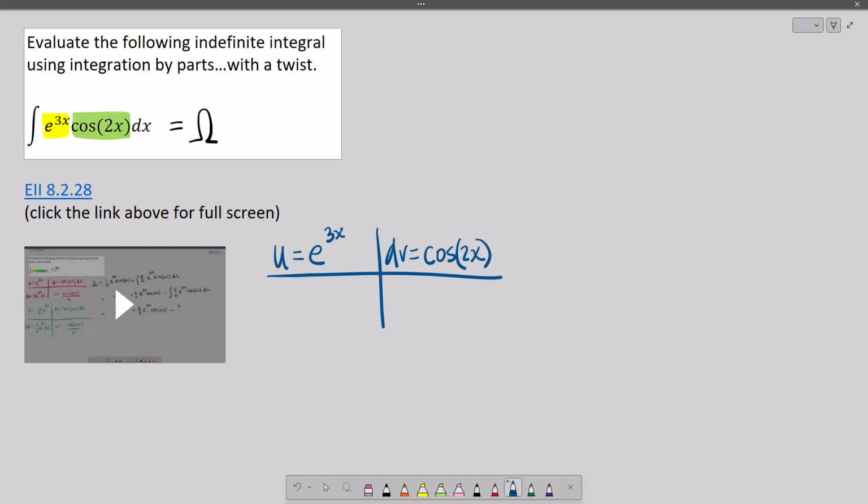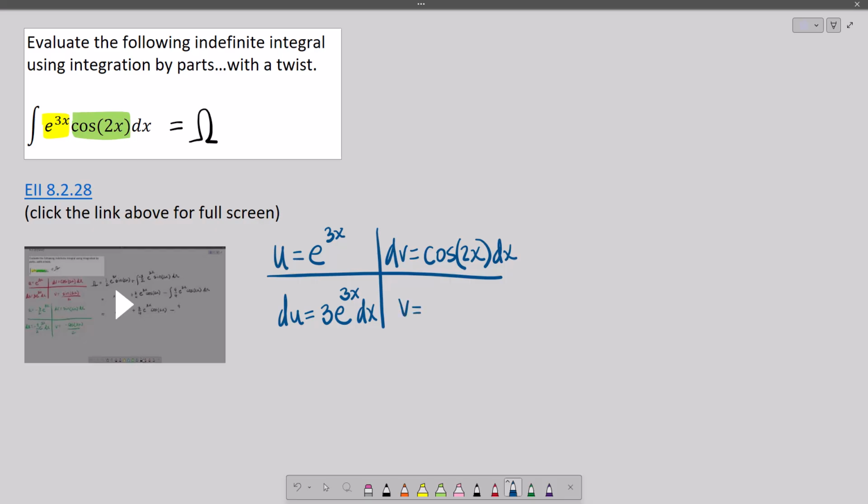Integrating cosine should be easy by now. So the left column here, we do derivative. We have to use the chain rule. Don't forget the chain rule, we multiply by the derivative of the exponent. And then over here, we use reverse chain rule.